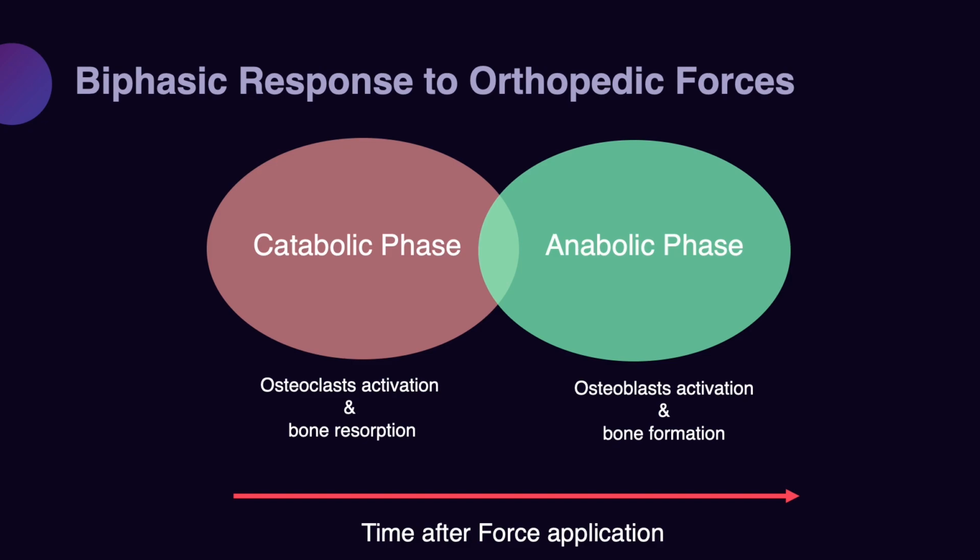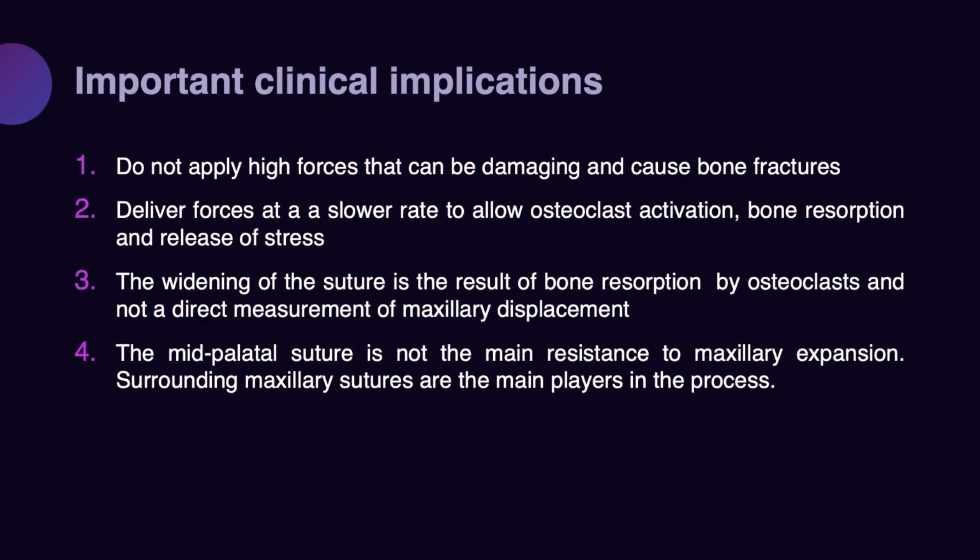Let's look at the clinical application of the current findings in the sutures. First, make sure that you do not apply a high magnitude of force that can be damaging. Second, make sure that you apply these forces at a slower rate to allow the osteoclasts to protect the adjacent bone.